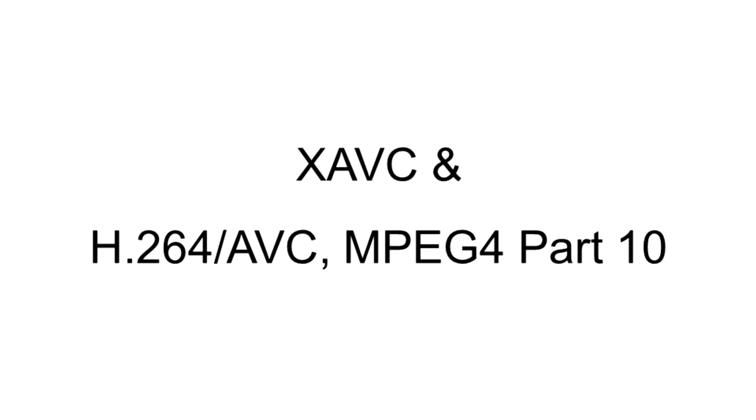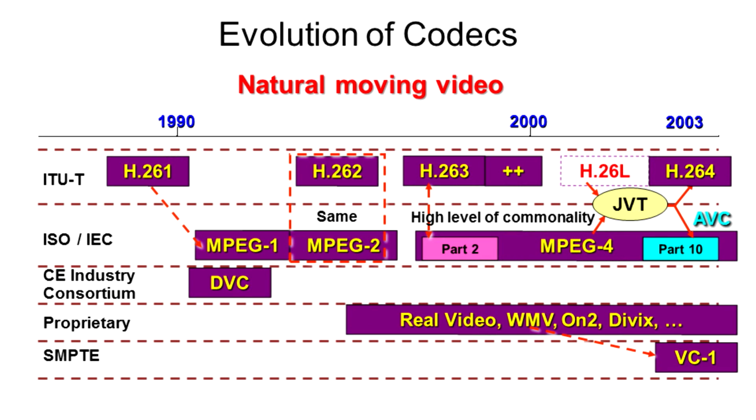Now, let me give you a little background on the actual creation of H.264. It's going to be very brief. We could be here for a long time talking about this implementation. As part of the activities of MPEG4 back in the early 2000s, there was a desire to unify the activities of the International Telecommunication Union and the ISO, the International Standards Organization, in creating a new algorithm that would surpass the capabilities of MPEG2 back then.